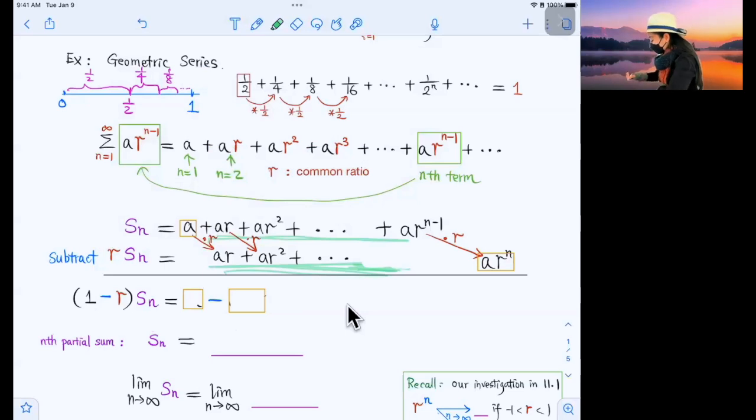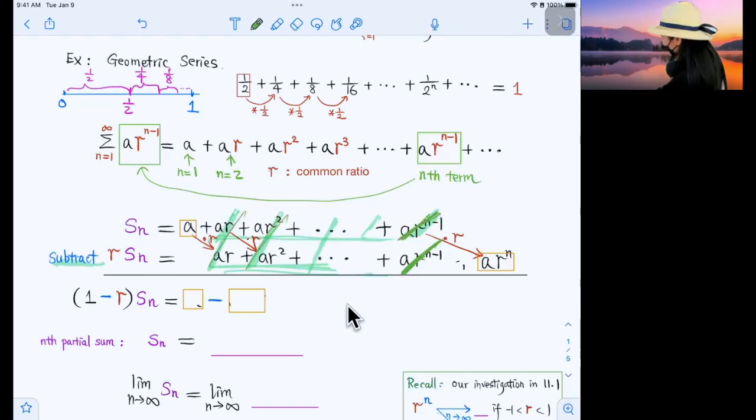Yeah. So this one subtracts this, right? Remember you subtract, okay? So they will subtract out, this cancels, this cancels, etc. The one before here is going to cancel with the one before. Right here, cancellation.